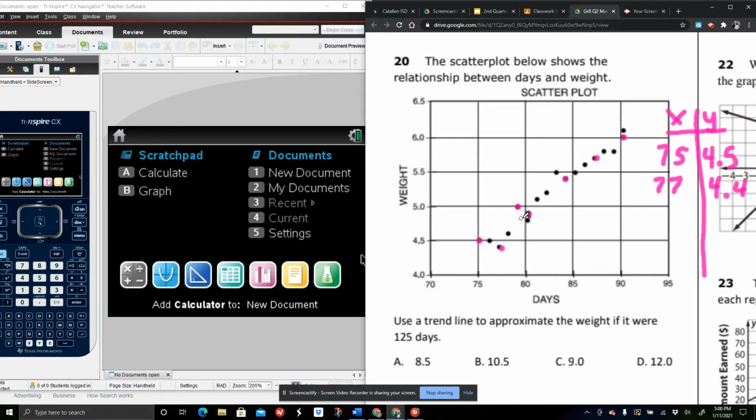And then this one is, let's just say 81 and 4.8. And then this one would be right around 84 and 5.4. And then this one would be like 87 and 5.7. And then this one is like 91 and 6.